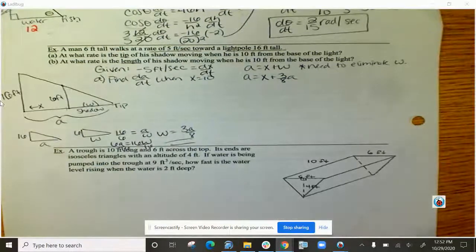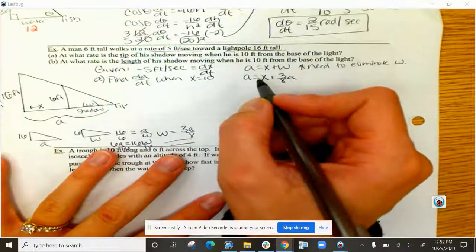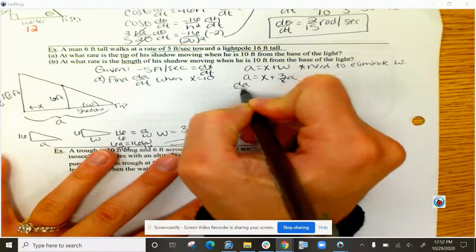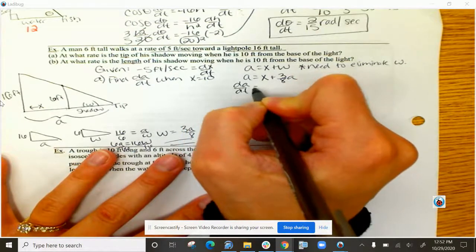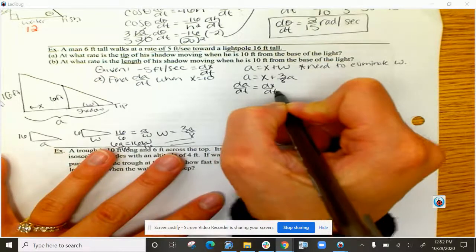So from here now I can find the derivative implicitly. So the derivative of A is dA/dt. Derivative of X is 1 dx/dt.